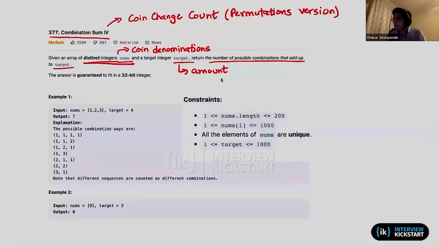So the target integer is an amount that we have to make up using those coin denominations. And what we need to count in this problem is the number of ways in which we can make up the given amount.